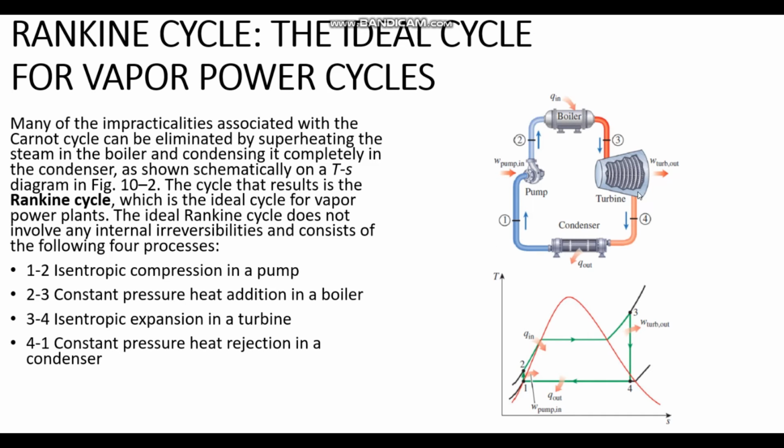Then the saturated vapor goes to the condenser where it condenses, which is displayed by points 4 and 1. The pump work is depicted by the first and the second points.